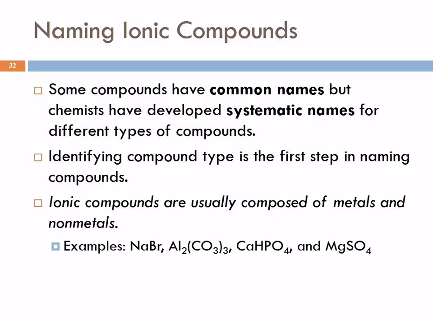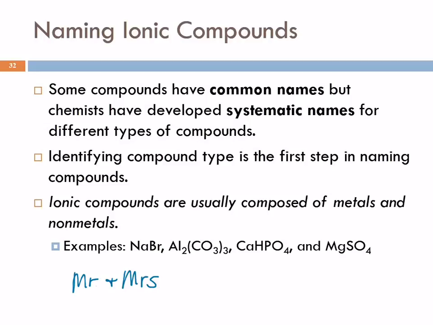So I think of metals as being masculine, and so it's like Mr. and Mrs. Right? If you're addressing a formal wedding invitation or something, you're going to write Mr. and Mrs. so-and-so. Why? Because that's how we do it, right?